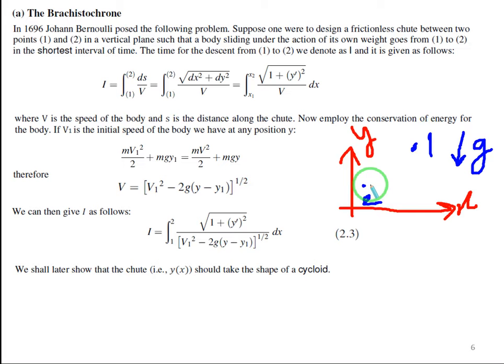In this path, if we have a mass sliding under this path from point 1 to point 2, we want to have the shortest interval time.